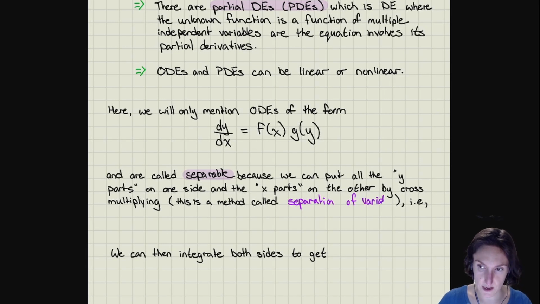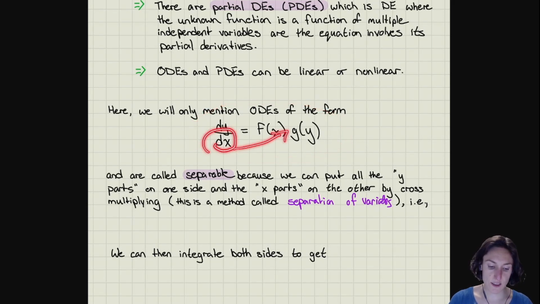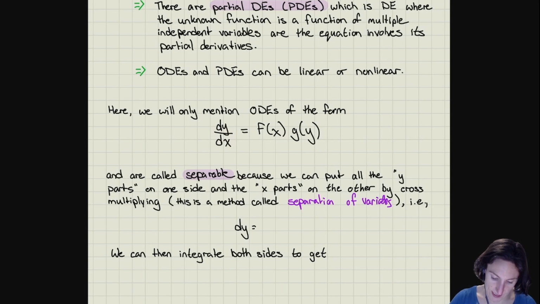What I mean by that is if we took this expression here and cross-multiplied, bringing the dx up to here, we would have dy is equal to f of x, g of y, and then dx. I'm also going to divide by g of y, so I can bring it over to this side.